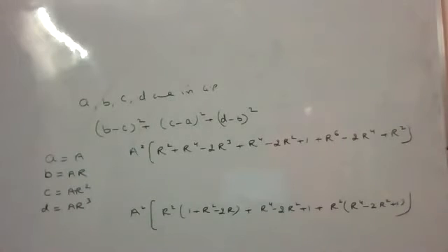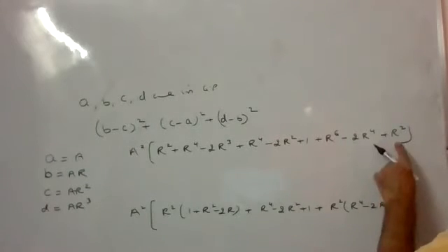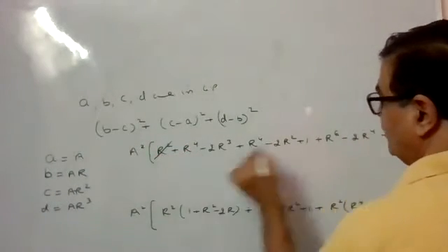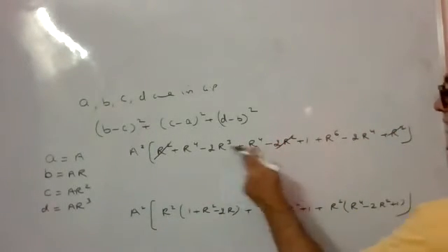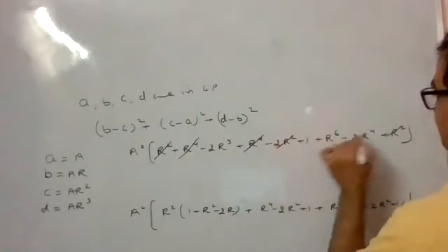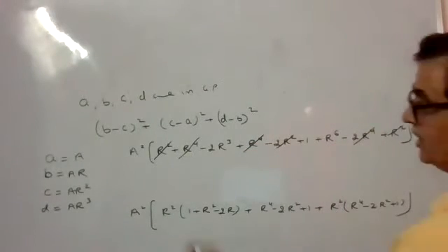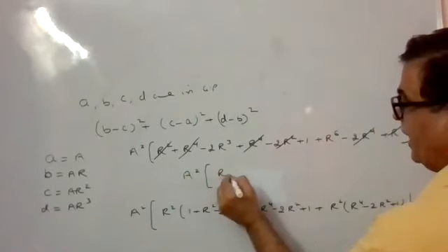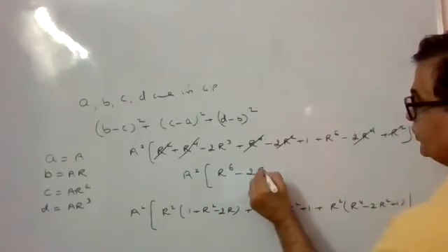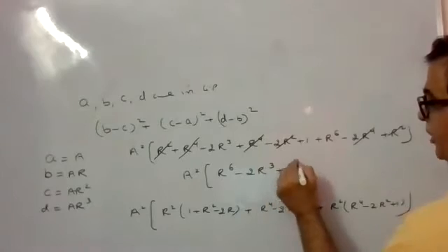Does something cancel out? R square and R square, so 2R square gone. R4 is here, R4 is here, so 2R4 gone. Left is A square, then it comes out to be R power 6 minus 2R cube plus 1.